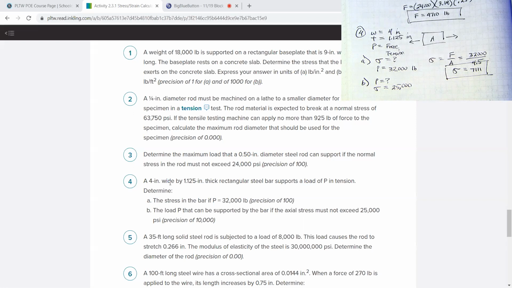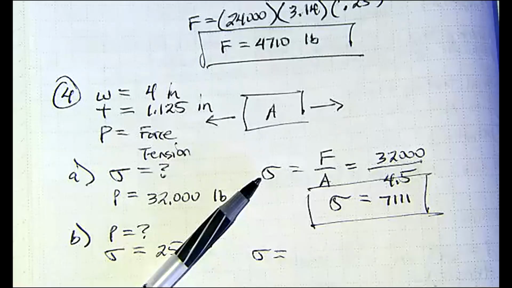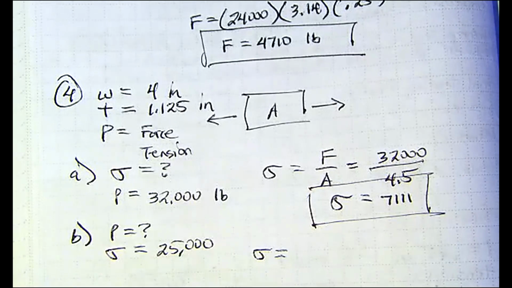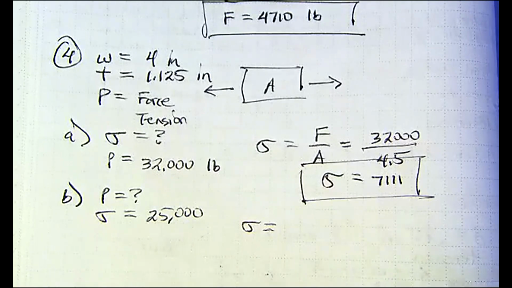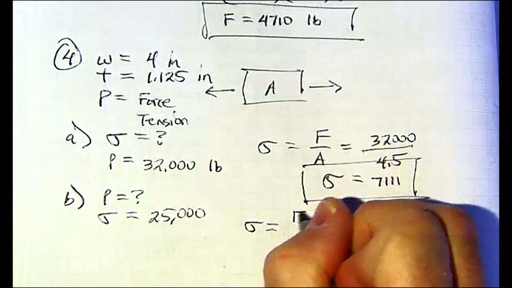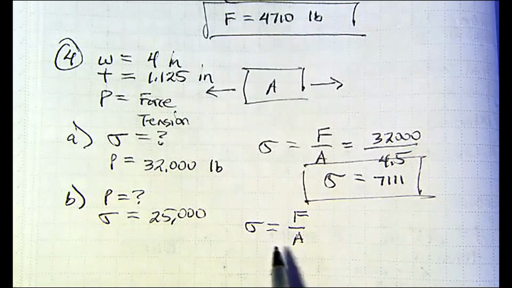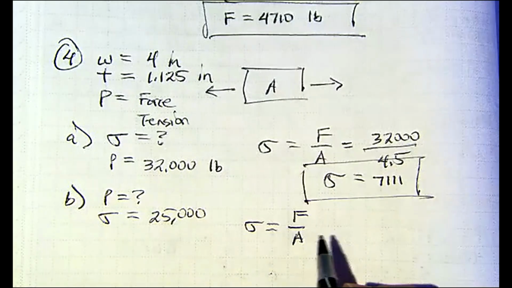That's what they're asking? Okay, so it's the same equation, sigma equals, and I'm going to go ahead and bigify this. Okay, is that good? So this time I've got sigma, it's the same equation, F over A. And what am I trying to solve for? In this case, the F is a P. Does that make sense?